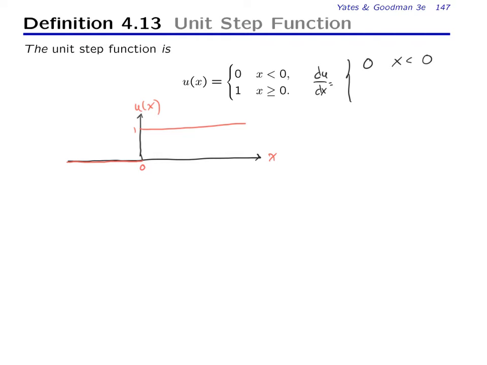And for x greater than 0, 1 has derivative 0, so it's 0 for x greater than 0. But what happens at x equals 0?